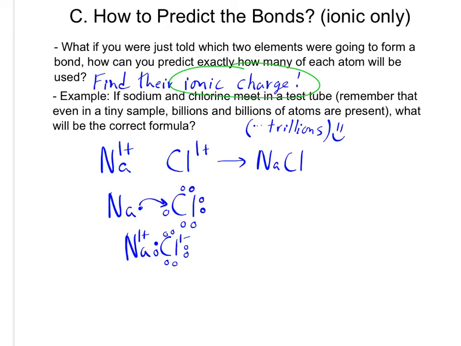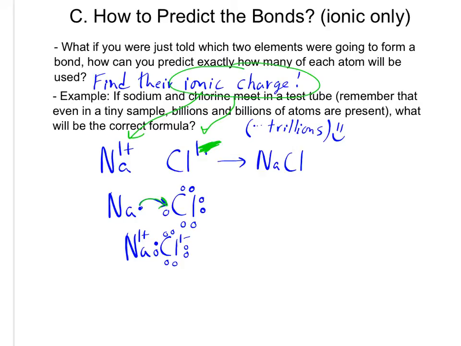So first, the ionic charges. Na is +1, it's a metal from group 1, and Cl is -1 from group 7, right? 7 to get to 8, you need 1 more electron. So -1 comes from the fact that it tends to gain a 1. I'm showing that here.